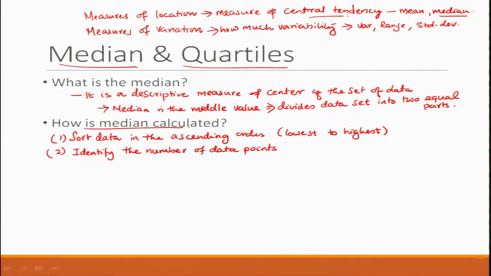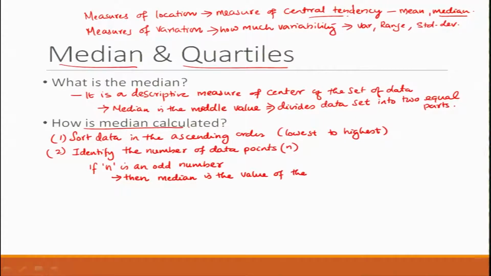The number of data points is usually denoted by lowercase n, small n. If n is an odd number, then the median is the value of the (n plus 1) by 2th observation.